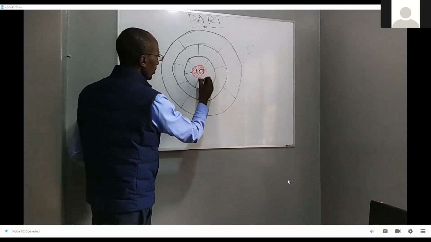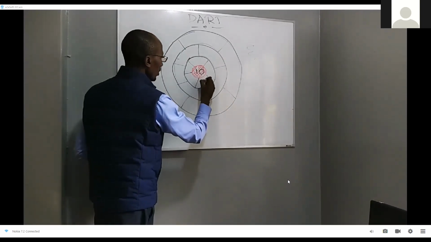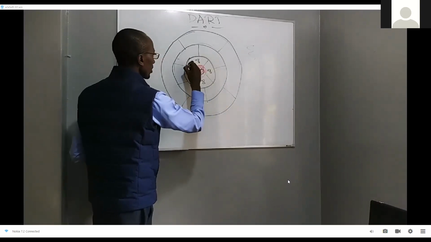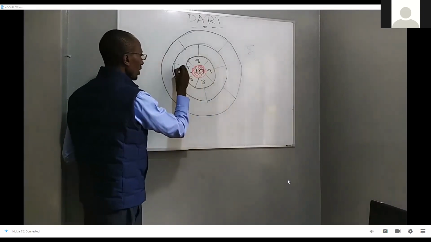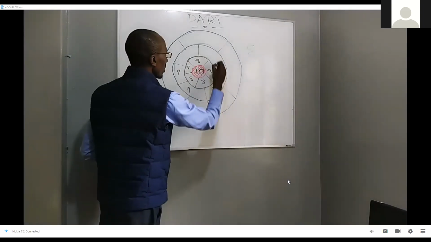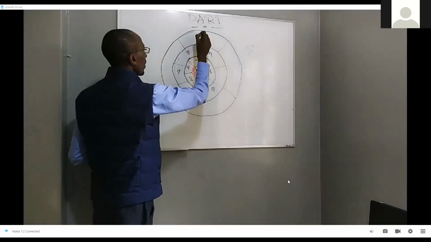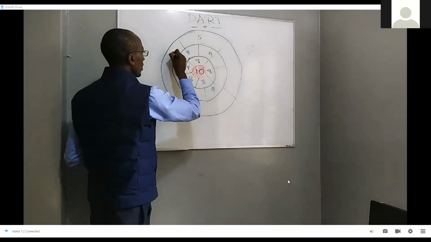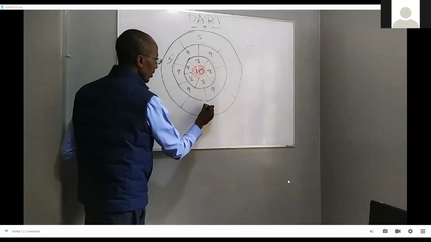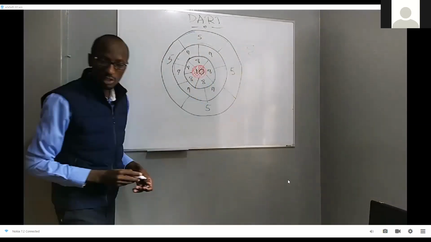And then right here, we can say it is 8 points. And then here we have 7 points in each of these boxes. And then here we could say 5 points in each of these boxes.